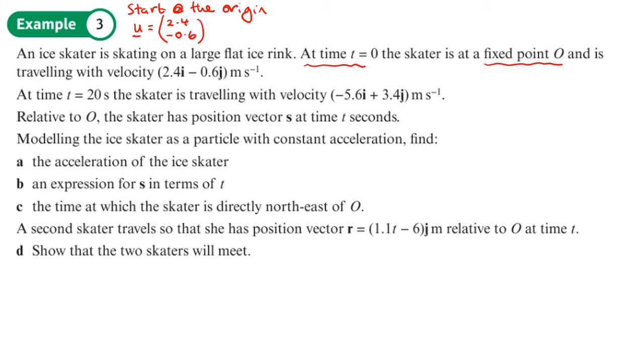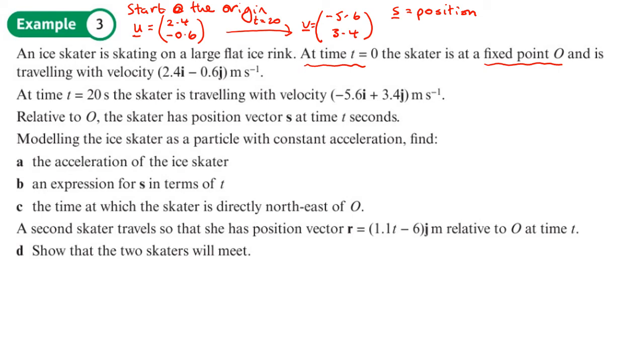At time equals 20, their velocity is now, I'll call that V, and that's equal to negative 5.6, 3.4. Relative to the origin, the skater has position vector S at time t seconds, so this is going to represent their position. I know we've used R before, using S here.